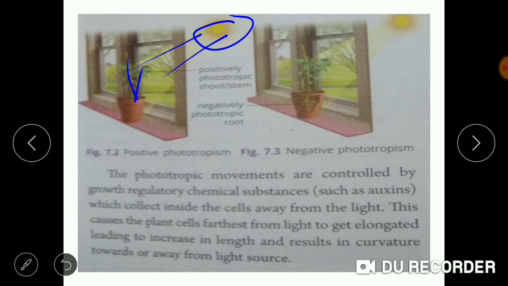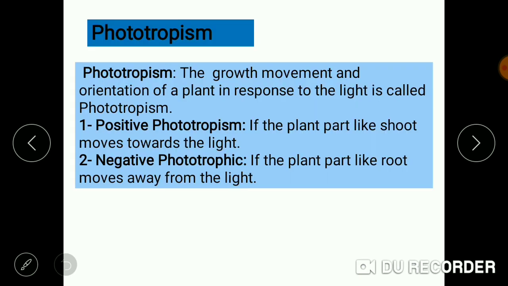While you can see the roots, light is coming from here and the roots are growing downwards. So the roots are showing movement away from the light, hence negative phototropism. The example of positive phototropism is the shoot, and the example of negative phototropism is the root.